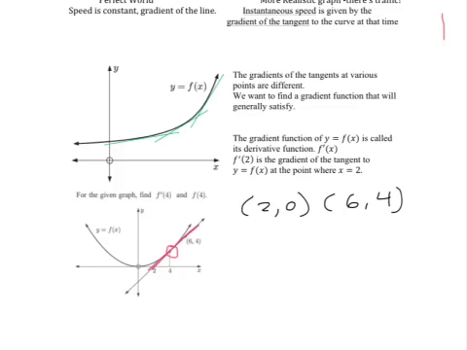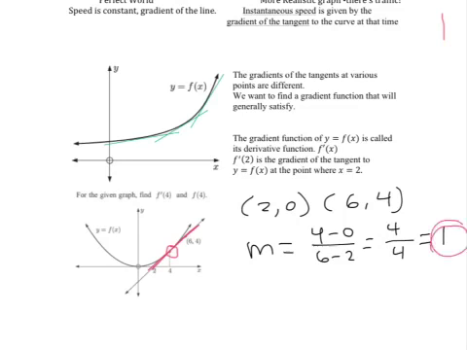How do we find the slope? m is equal to (4 minus 0) over (6 minus 2), which is 4 over 4, which is equal to 1. So that 1 is going to be my f prime of 4. The slope of the tangent line when x is equal to 4 is 1.